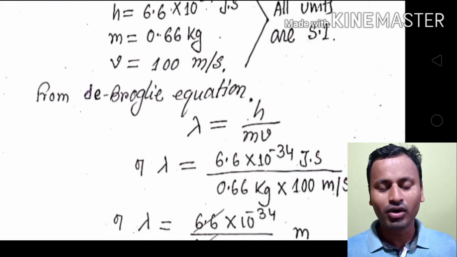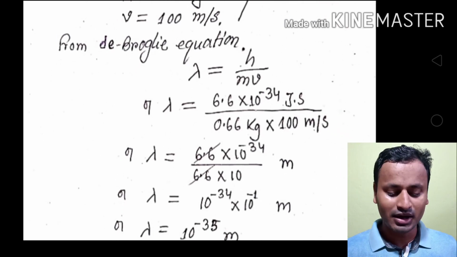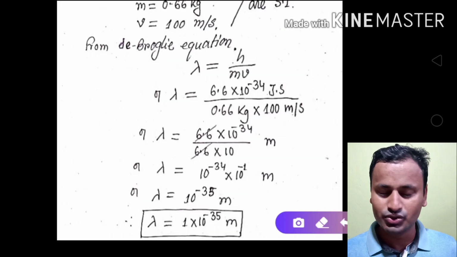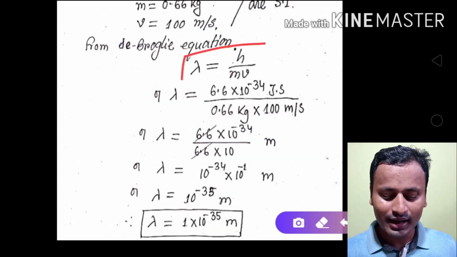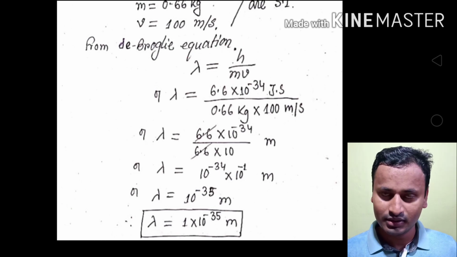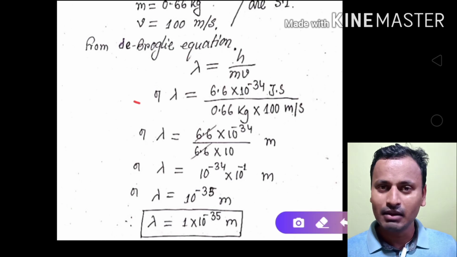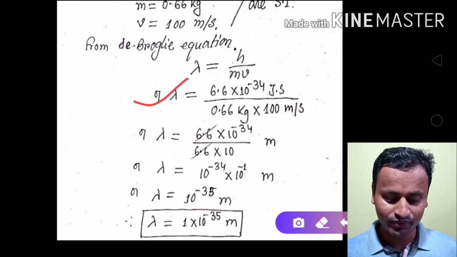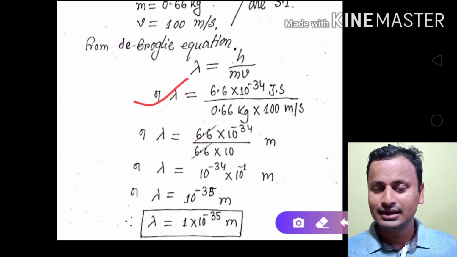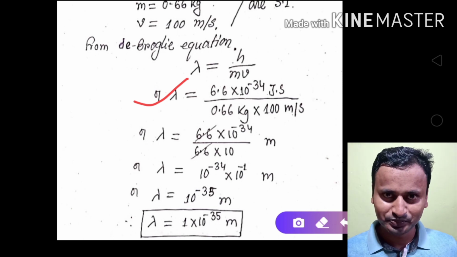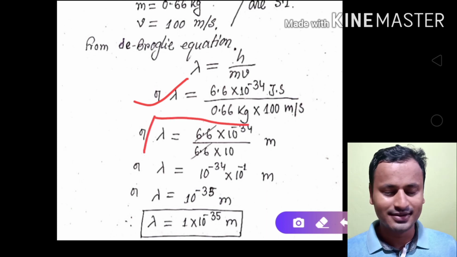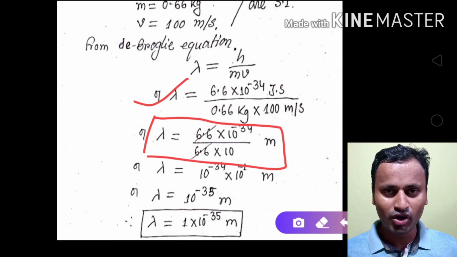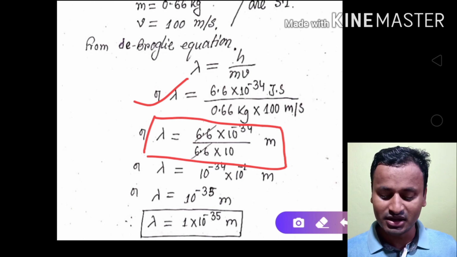From the de Broglie equation we know that lambda equals h by mv, where lambda is the wavelength, h is the Planck constant, m is the mass of the particle, and v is the velocity. Then we calculate lambda equals 6.6 into 10 to the power minus 34 divided by 0.66 kg and 100 meter per second.